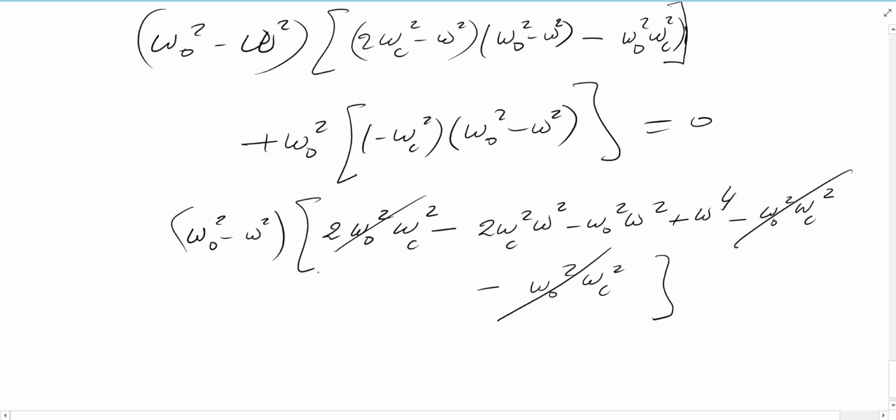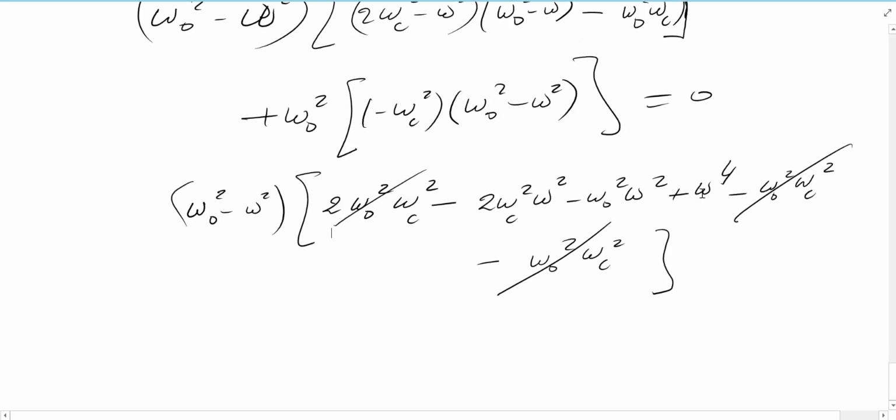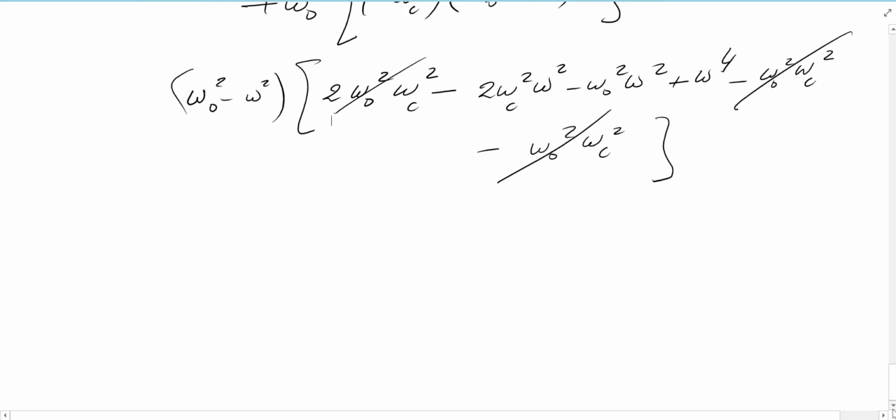So this term and this term cancel this term, and that's very important because we really need to solve this equation, and one of the solutions has to be omega equal to 0. And I have omega to the power 4 in here, omega squared in here, omega squared in here, so I'm going to take it out as a common factor. So we'll end up with omega squared times omega naught squared minus omega squared times, again in here, omega squared minus omega naught squared minus 2 omega c squared.